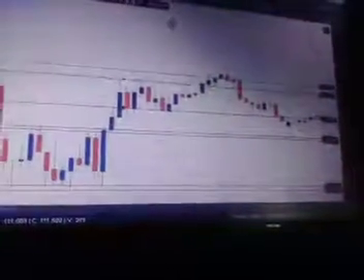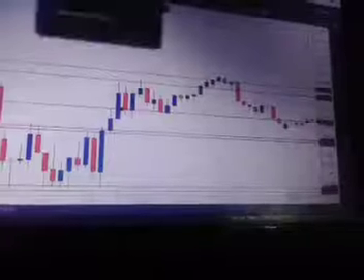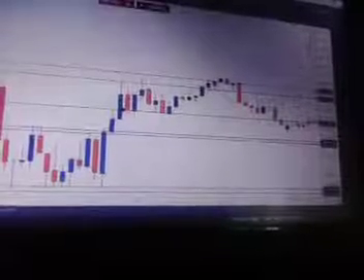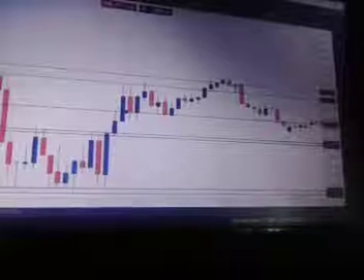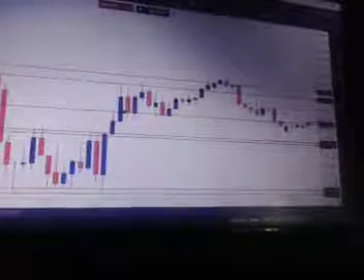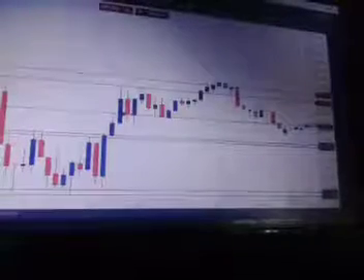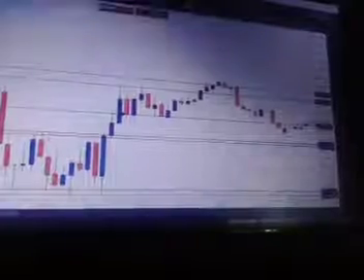So the key thing about this is you must just draw a line or a zone where you see the market touching multiple times, because those are zones where the market is likely to turn from again.